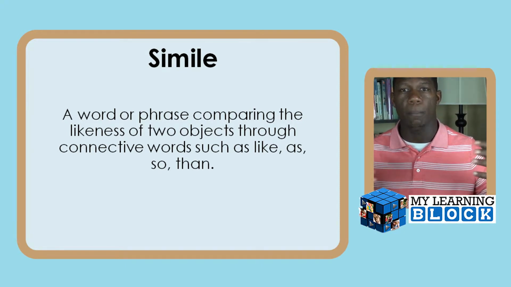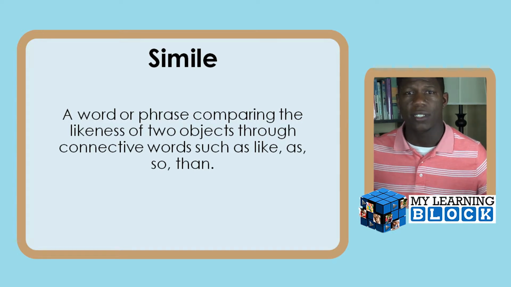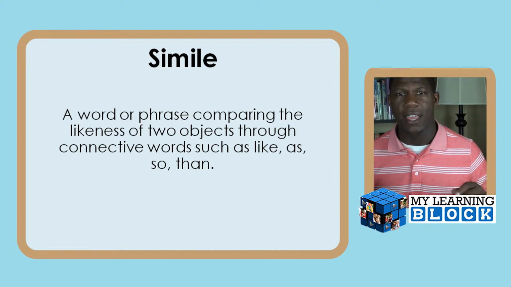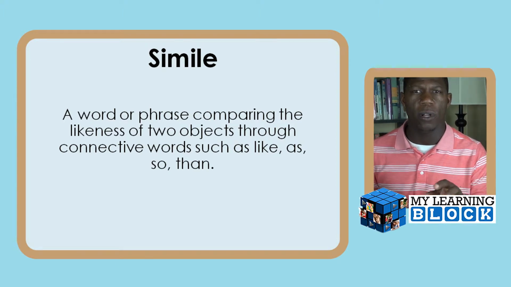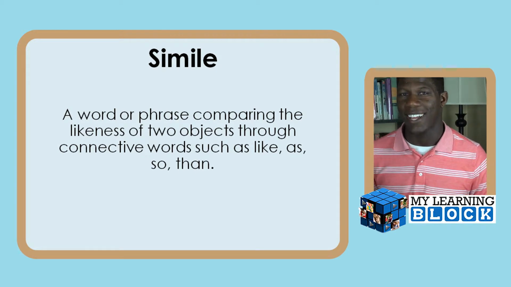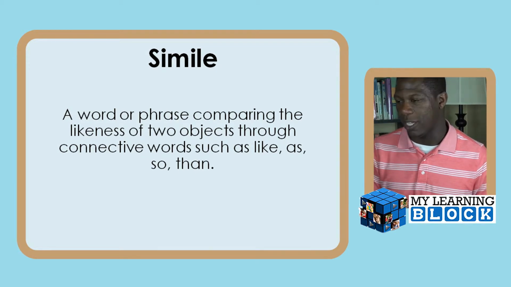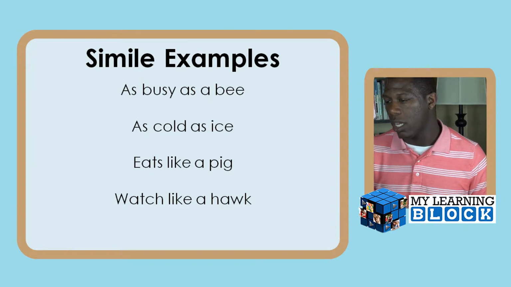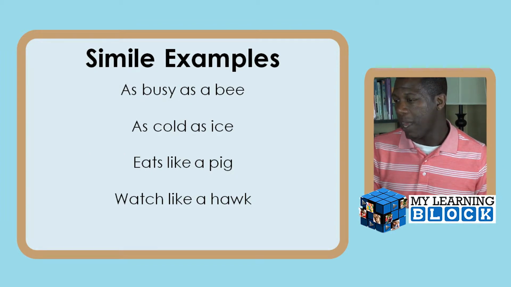It's not truly a comparison, it just compares the likeness: this is like that. It's a little different from a metaphor, so go check out the metaphor video and you'll figure that out. No spoiler alert.